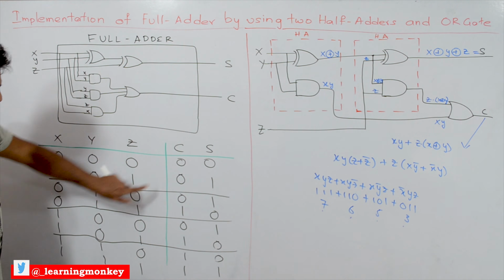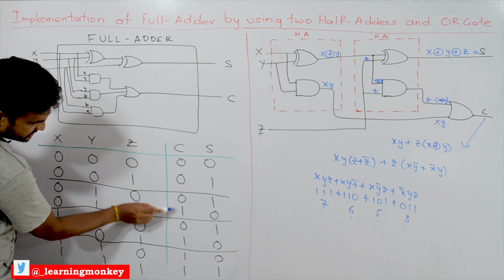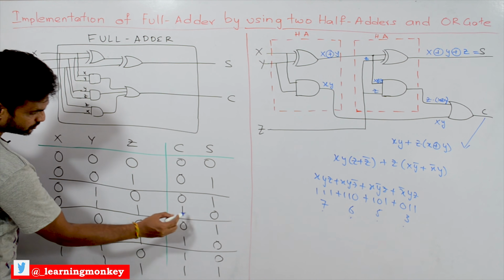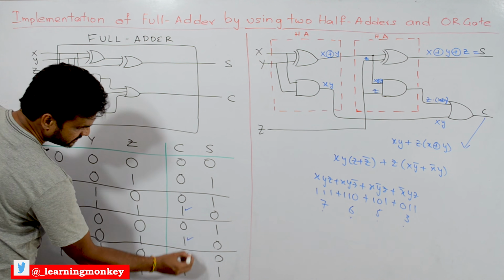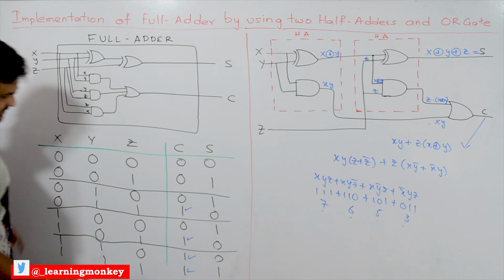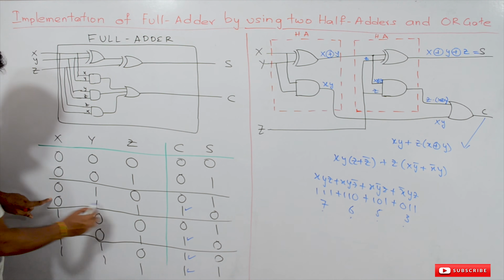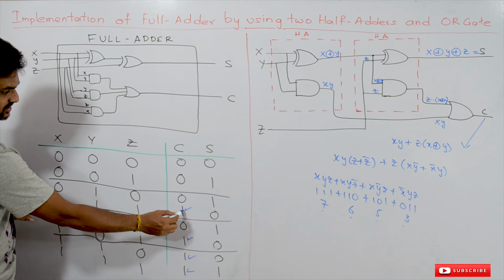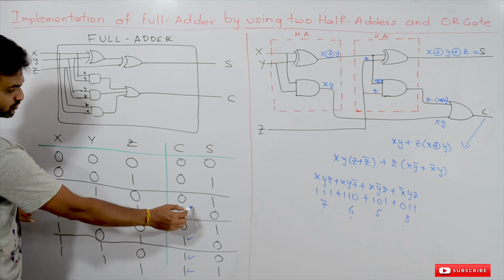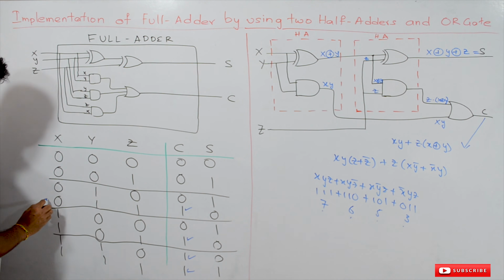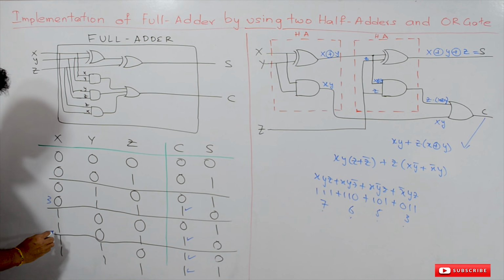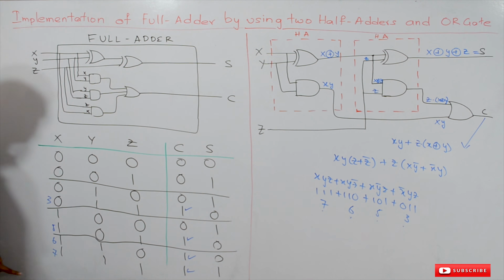If you check where the min term for C is true, the inputs are 3, 5, 6 and 7.